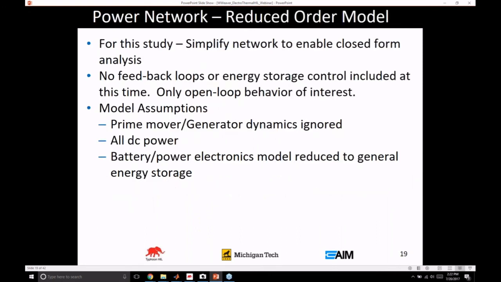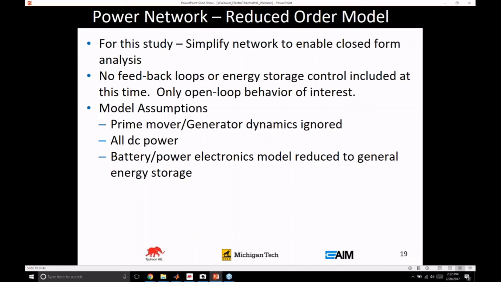Of course we can go to the nth degree of detail in a model, but what I'm going to show here is some of the simple model networks that we developed, just as a starting point for our first studies. I'm also making a couple of assumptions. For one, I'm not going to include any storage controls. I purely want to look at the open loop behavior of the system.